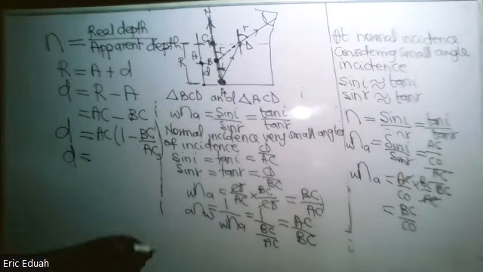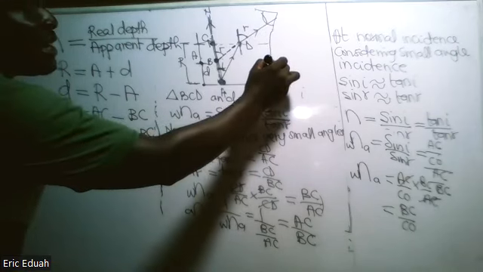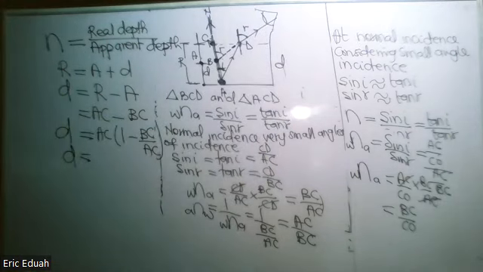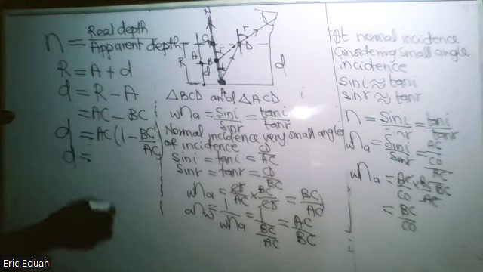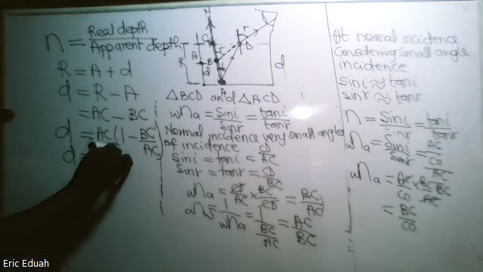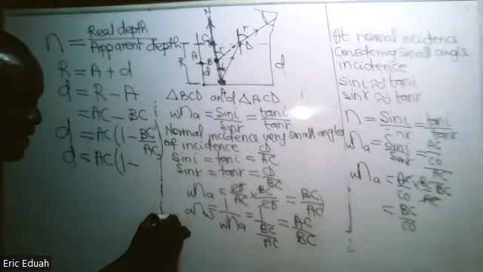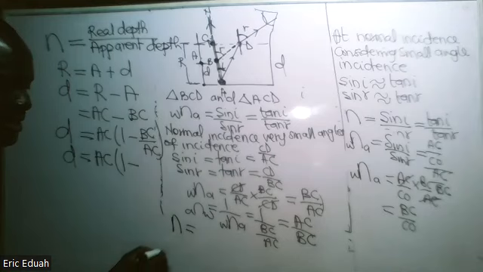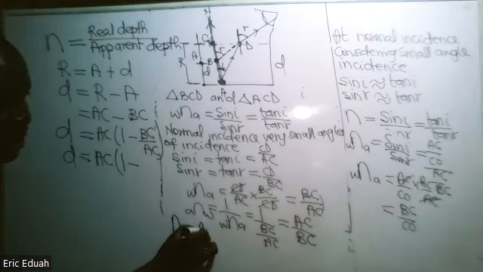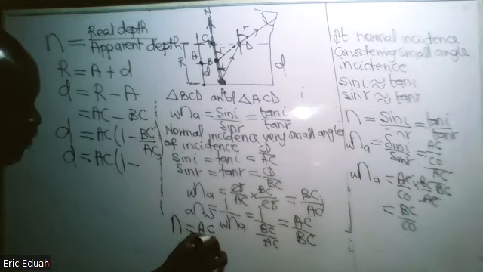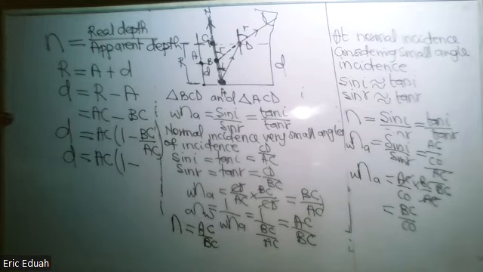Okay. Now, supposing the real depth is D. Now, we are saying that the absolute refractive index is AC over BC. Are we fine?